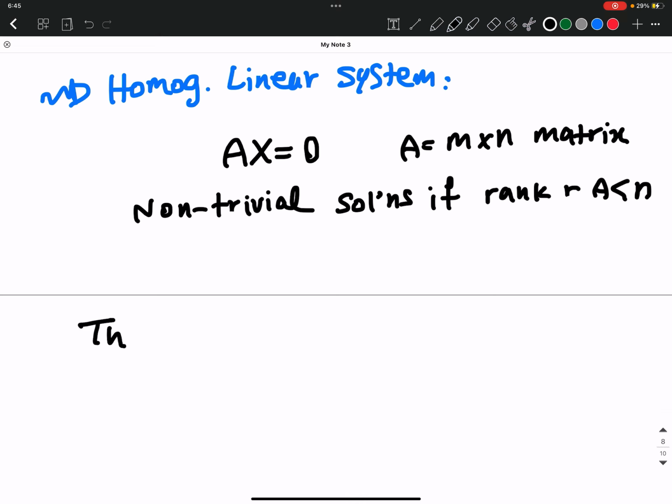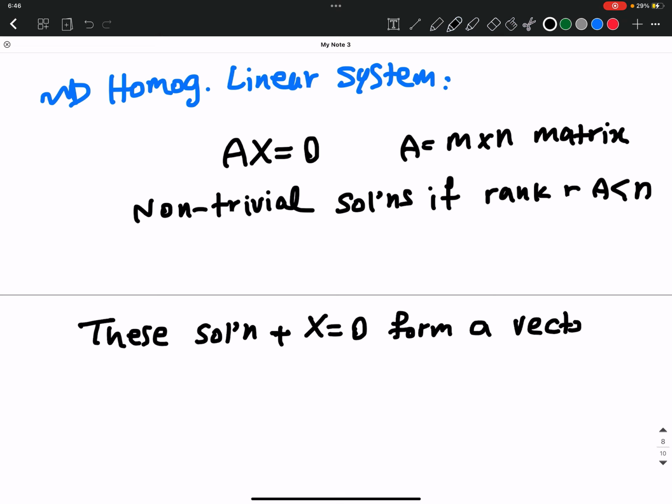These solutions, plus x equals 0, which is a trivial solution of this system, form a vector space of dimension n minus r.